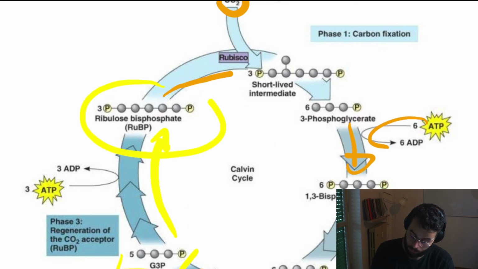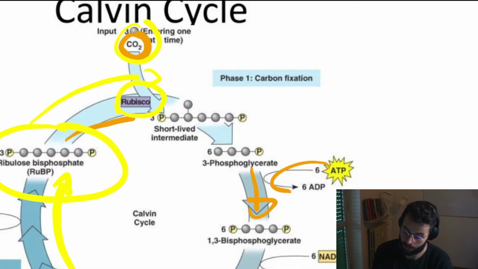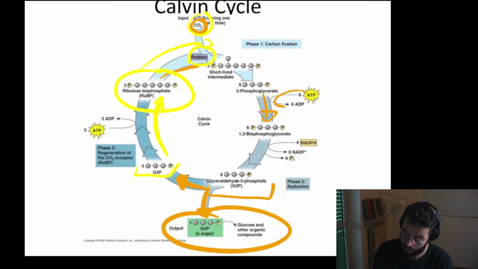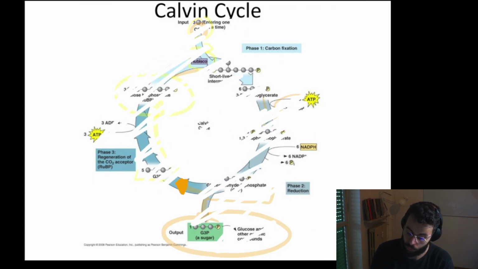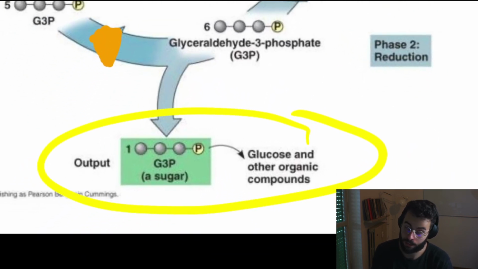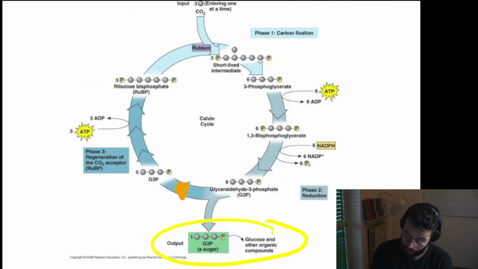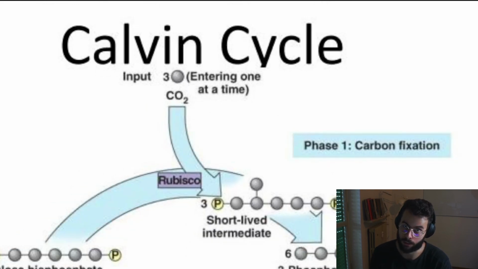And this molecule, again, is going to combine through carbon fixation, through Rubisco, with the next carbon dioxide in the list. So one Kelvin cycle is basically what you see over here. And remember, we need to have 2 Kelvin cycles in order to have one glucose molecule, because we need 2 outputs, 2 G3P. A very high yield point to remember. Another very high yield point to remember is that you have 3 carbon dioxide entering at one time.